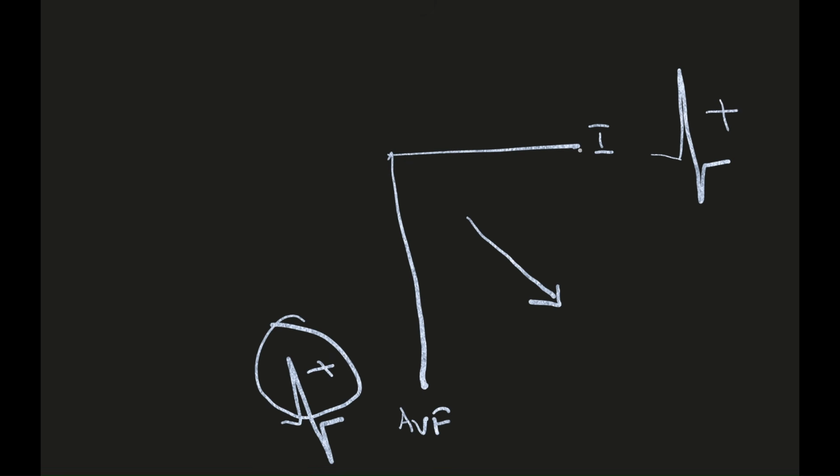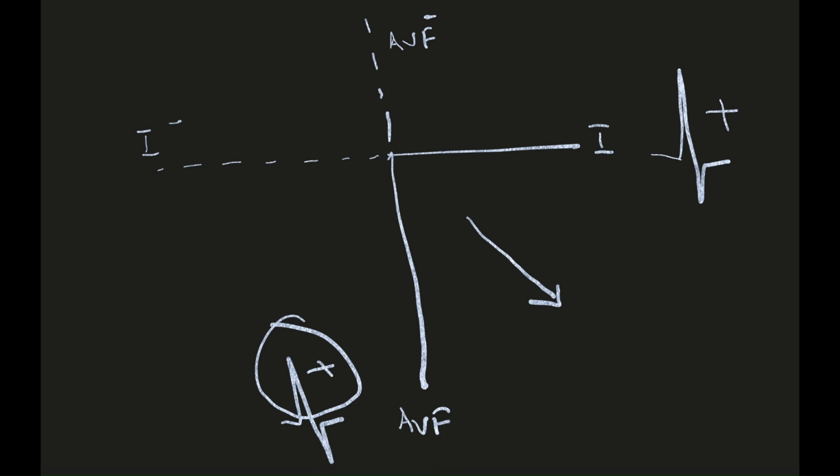If I will draw the negative vectors of current, in lead 1 it will be negative, and if I will draw the AVF in the opposite direction, AVF will be negative over here. Now if you remember the basics of mathematics, you must have drawn graphs in your 9th or 10th standard.